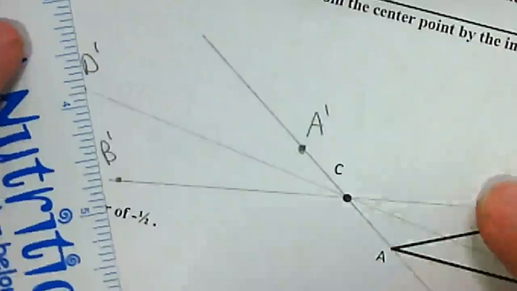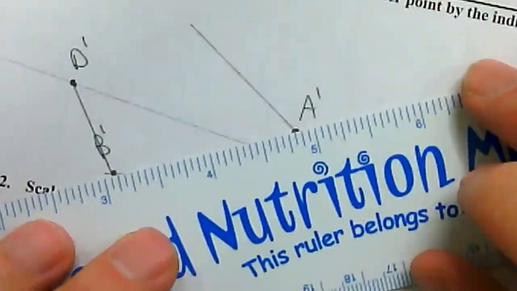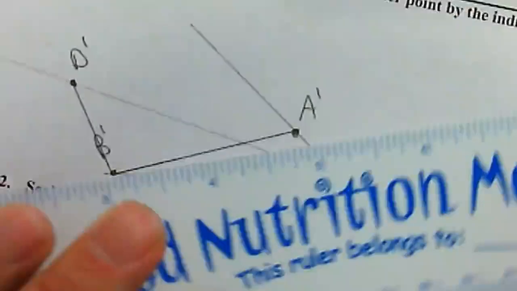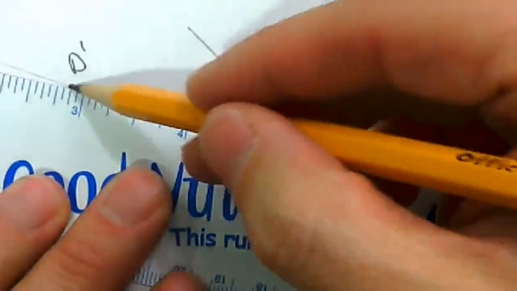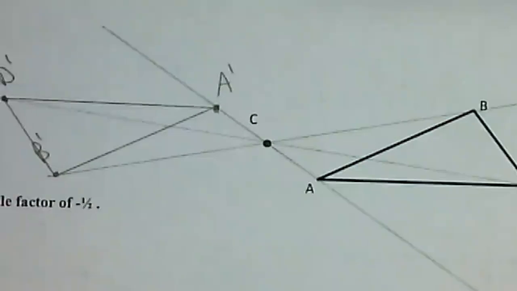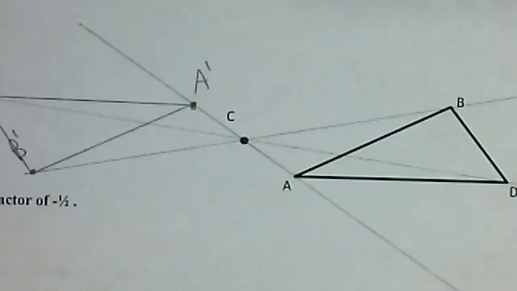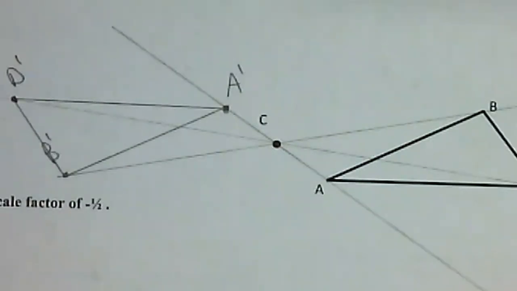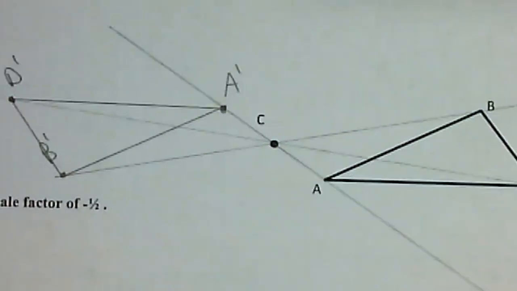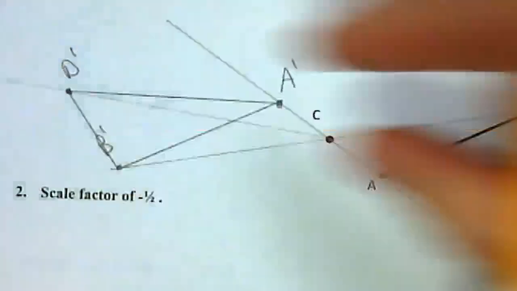And point D, that's where D prime is. Drawing my figure out, I should have labeled B in a little bit of a different place. Okay, and there is my dilation by a scale factor of -1.